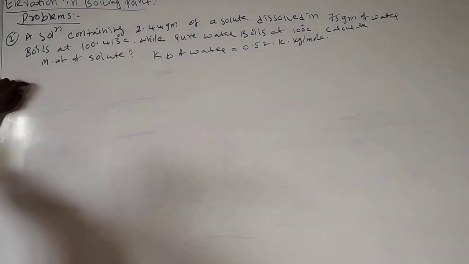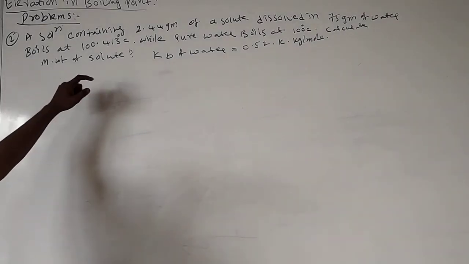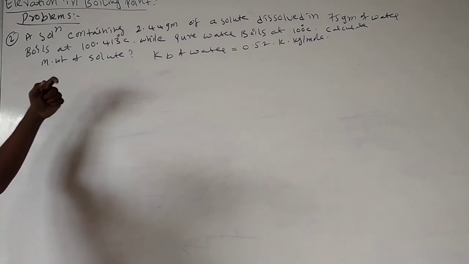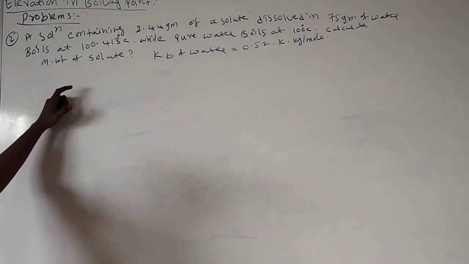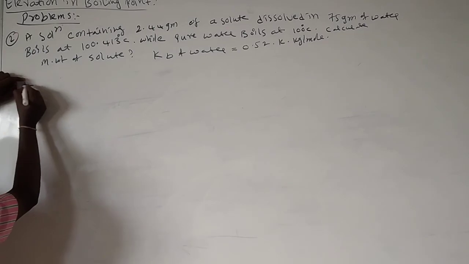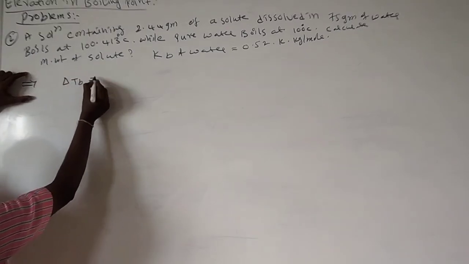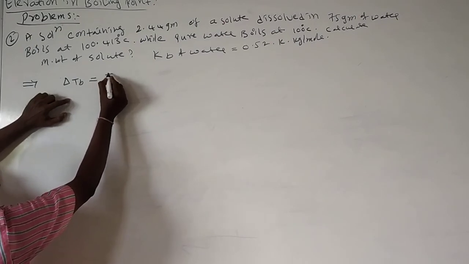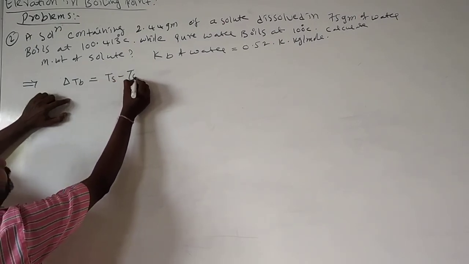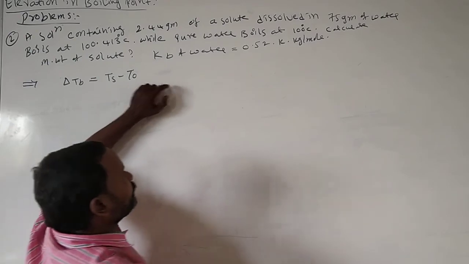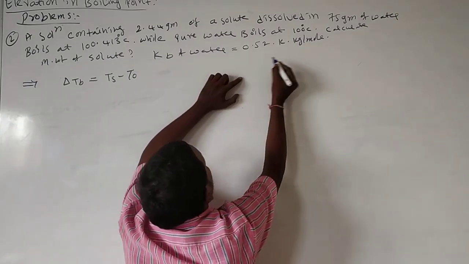Here they won't give the elevation in boiling point, so first you calculate the elevation in boiling point. Delta Tb is equal to Ts minus T0. This is the principle. Before that, write the data.